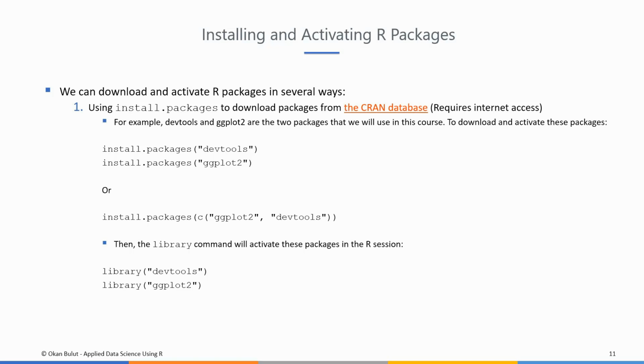So if you say library, parentheses, and inside double quotes, DevTools and ggplot2, those two lines will activate the DevTools and ggplot2 packages in our R session. And from that point on, any functions from those packages will be available to us directly.